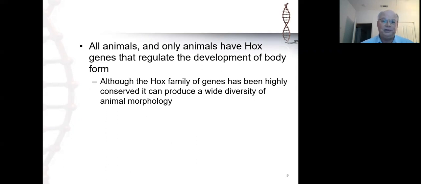So the presence of Hox genes has been used recently as a way of defining or creating animals as a monophyletic clade, the fact that the Hox genes are present. Now, having said that, what we do know is that the most basal member of the animal kingdom, the sponges, do not contain Hox genes.